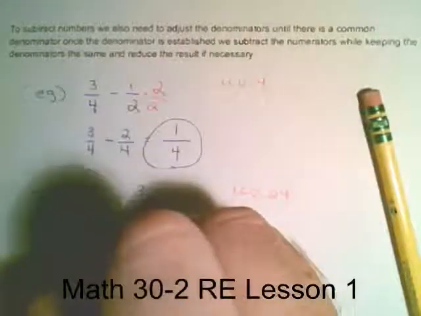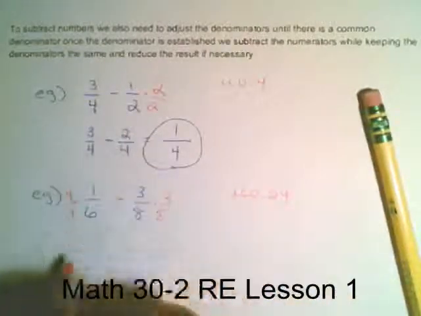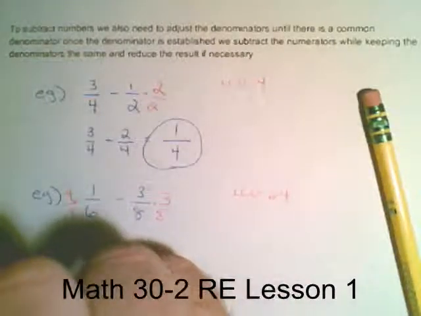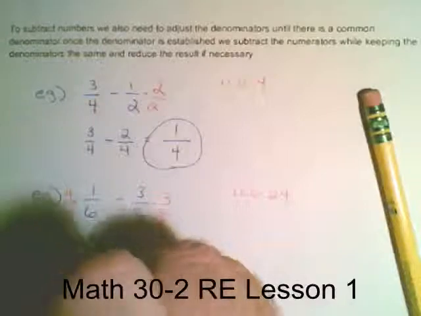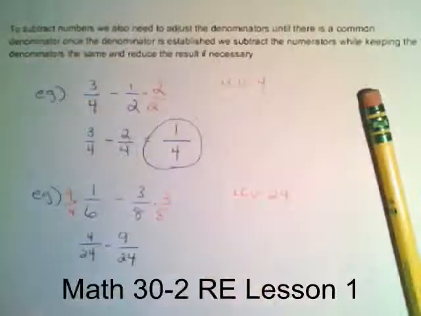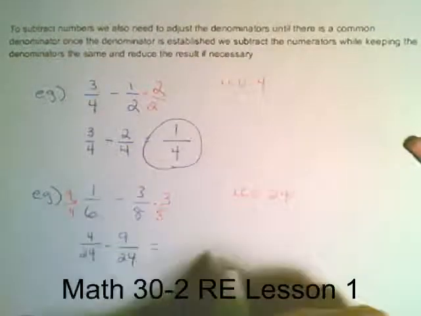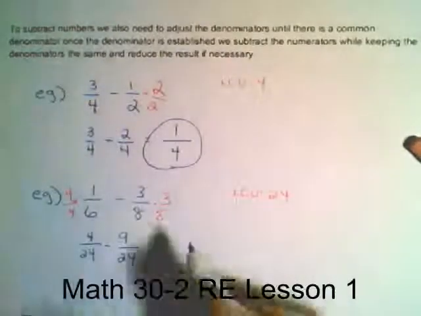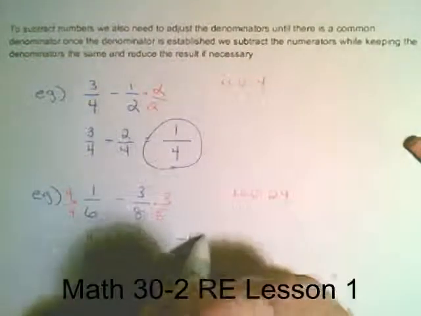If you get a negative, that's okay too. So if I look at this one, 1/6 minus 3/8. We just did this as a plus. We know that the common denominator, the LCD, is 24. I did skip counting. I can see that. Count by 6s, count by 8s, which number's in both lists? 24.